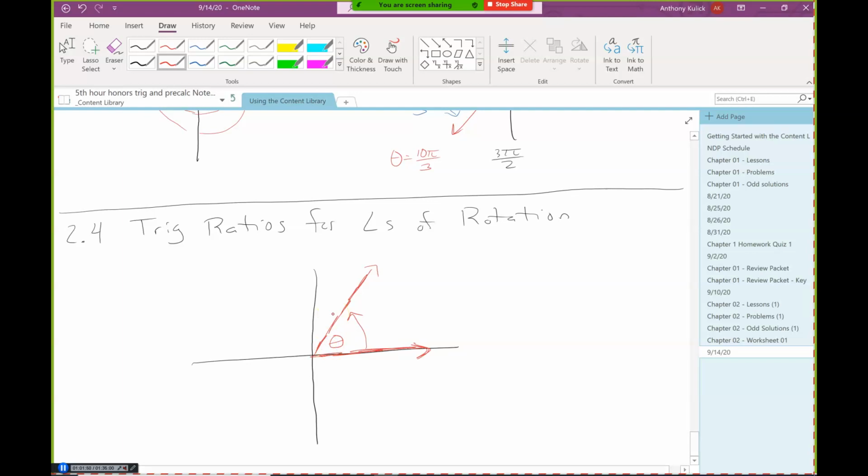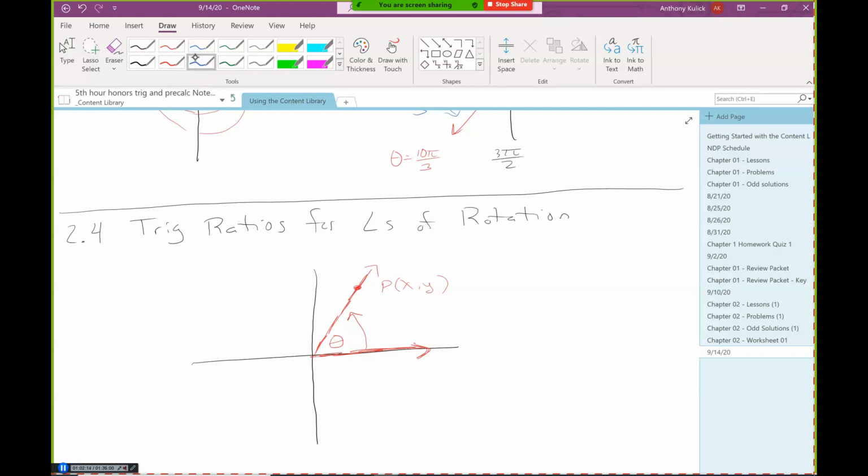So here is my angle theta. Okay with this? And I'm going to pick some point on the terminal side of that angle theta that I'm going to refer to as xy. Everybody's okay with that?